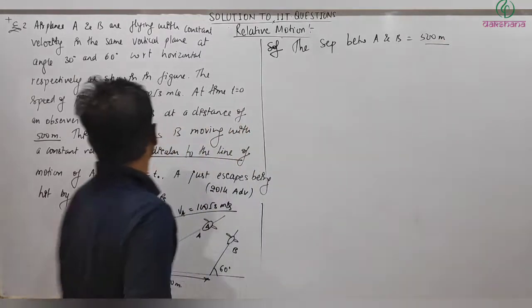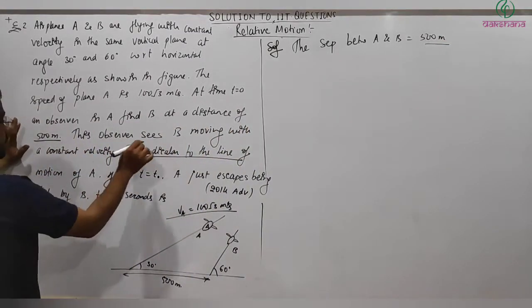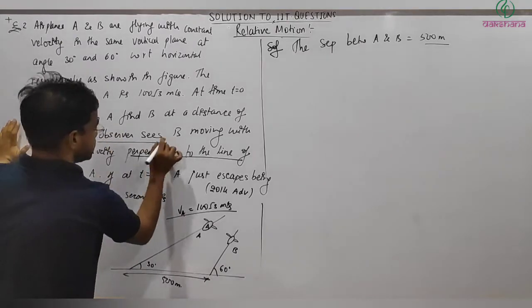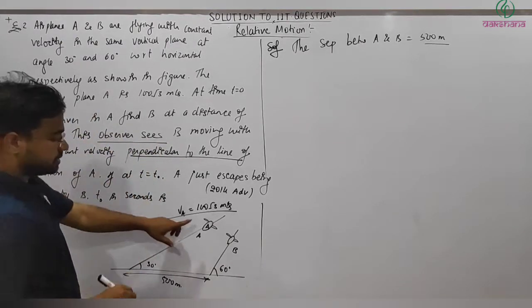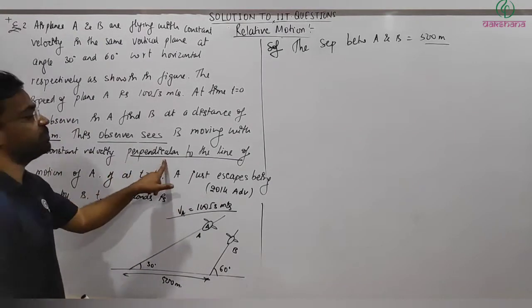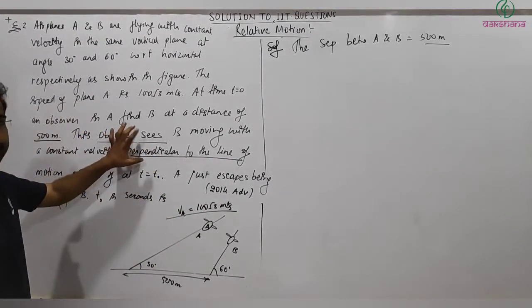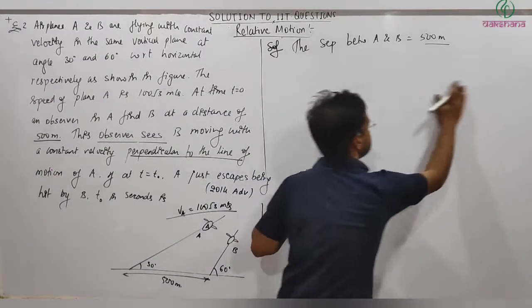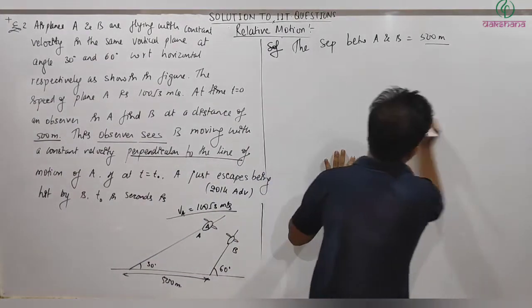Another thing: the observer in A sees B moving with a constant velocity perpendicular to the line. This is quite an important point. You need to understand every point clearly.